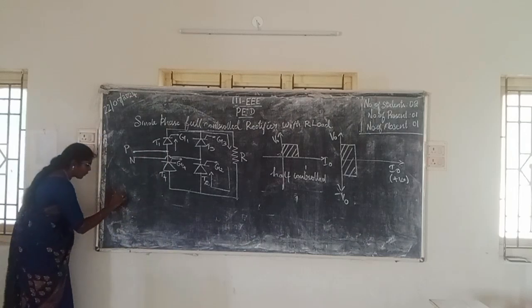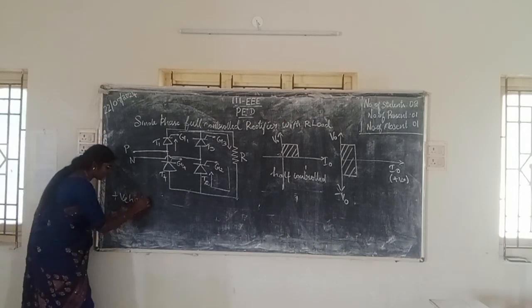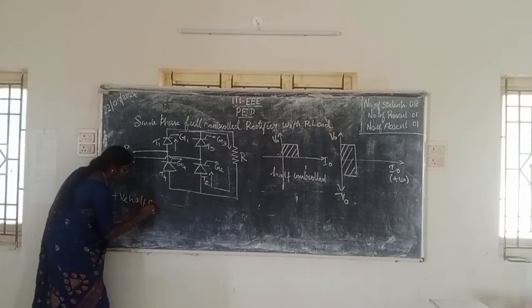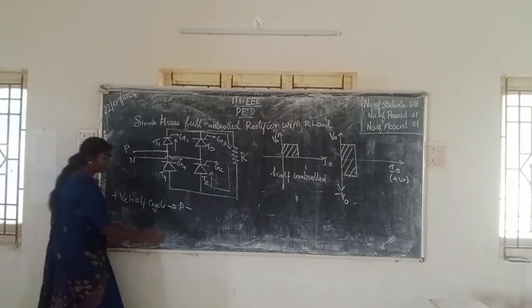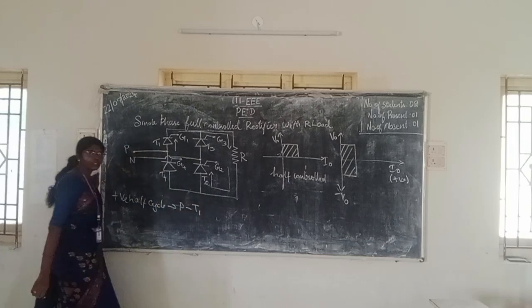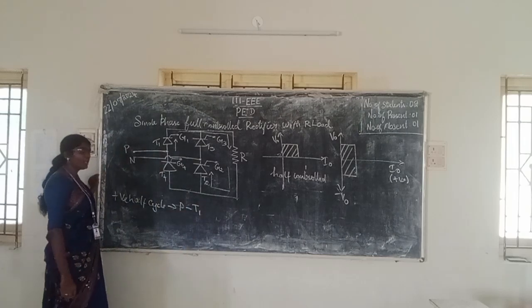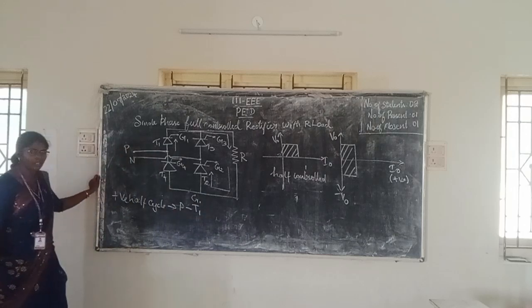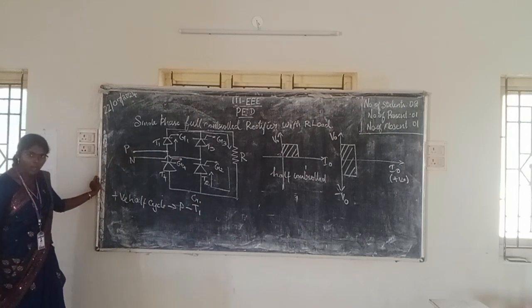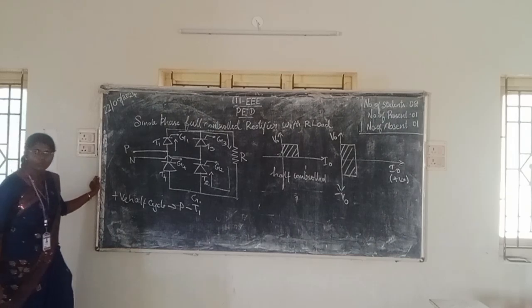So during the positive half cycle, from phase 2, thyristor 1 will turn on once the gate signal IG1 is given, when the firing angle is given to gate source 1. Thyristor T1 will turn on.